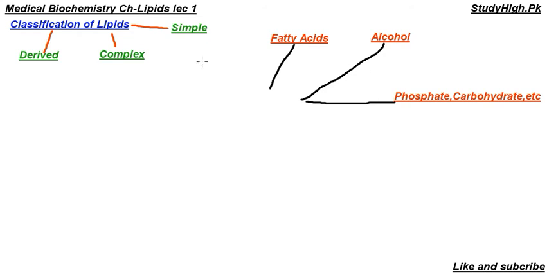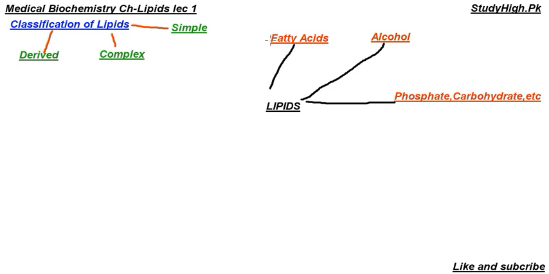So in complex lipids, in addition to fatty acid and alcohol, the lipid also contains another component like a phosphate group, carbohydrate, etc. Like simple lipids, complex lipids also have different types that we are now going to discuss: glycerophospholipids, sphingophospholipids, and glycolipids. You will be able to differentiate between them after my discussion of these types.